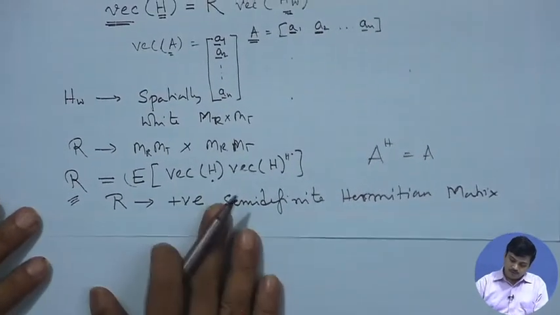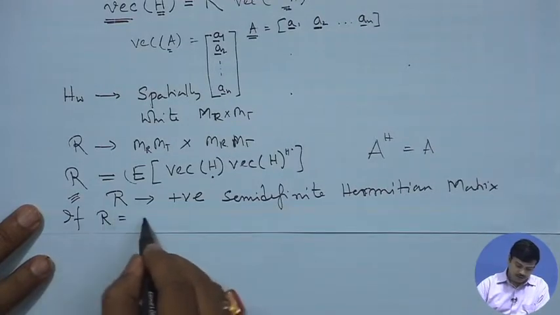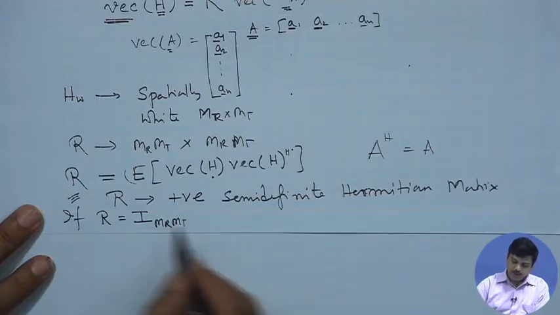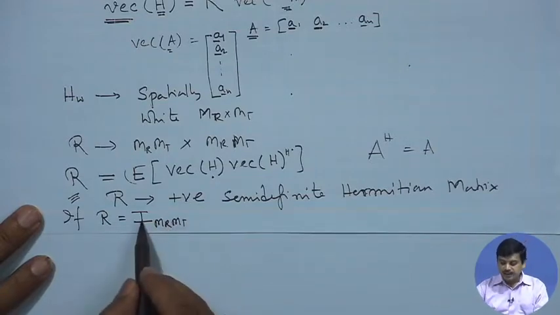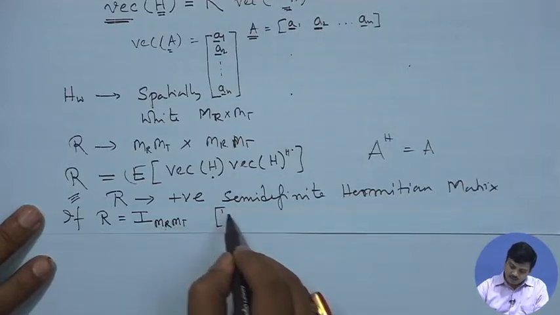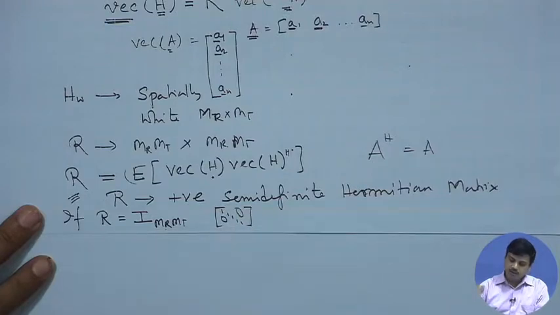So, now we can see that if R is equal to I_MRMT, it means it is an identity matrix of dimension MRMT. That means the identity matrix is the one where only the diagonal elements are 1, and the rest of them are all zeros.